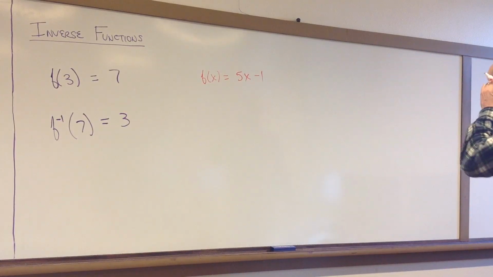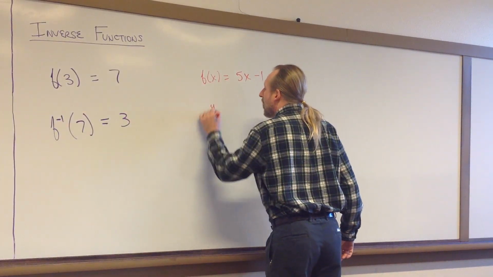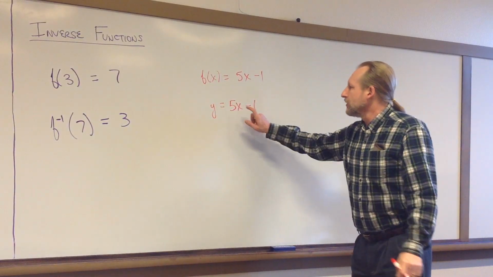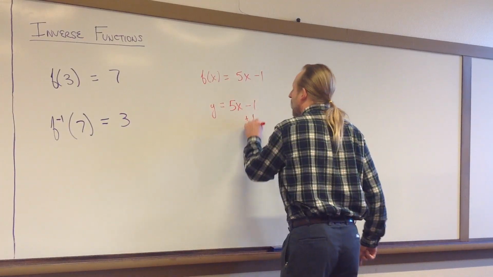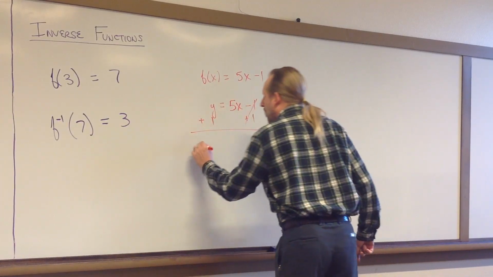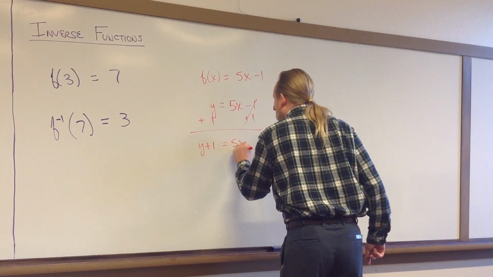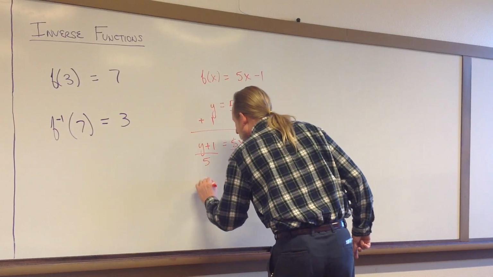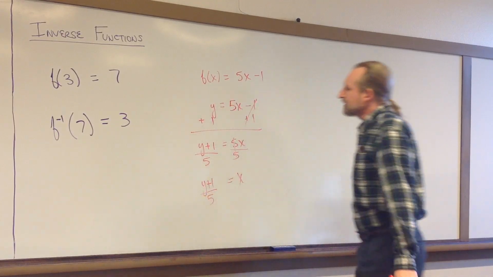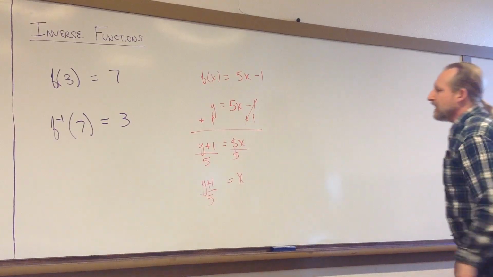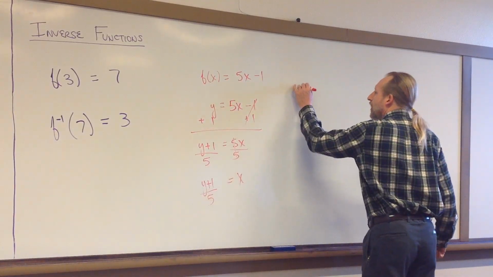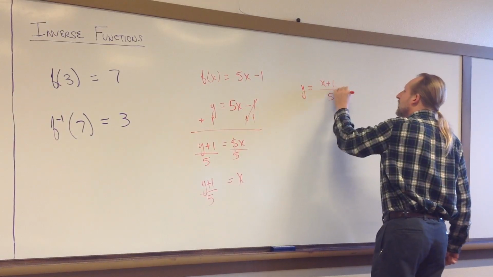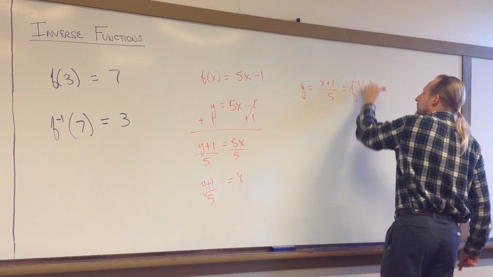Okay, so the process for finding a function inverse is to get the x by itself, so there's the x by itself, and then swap the x and y's. So this will be y equals x plus 1 over 5. This is our inverse function.